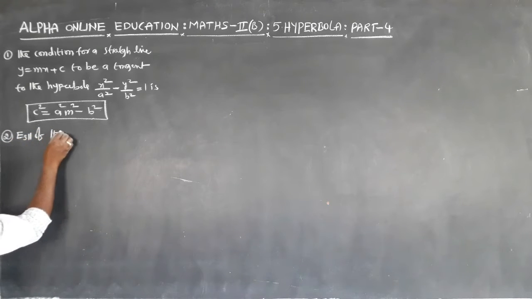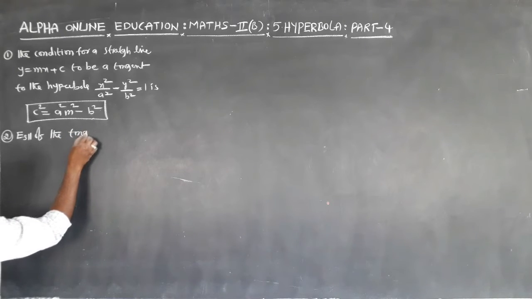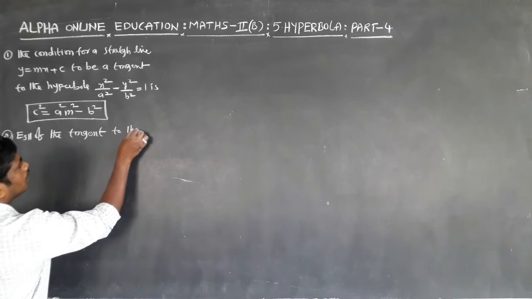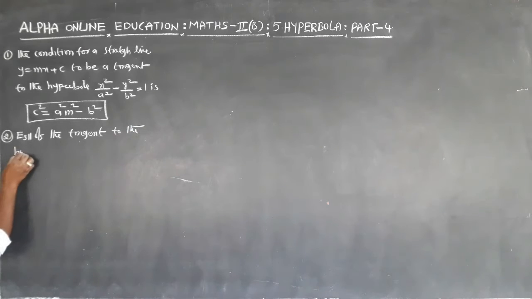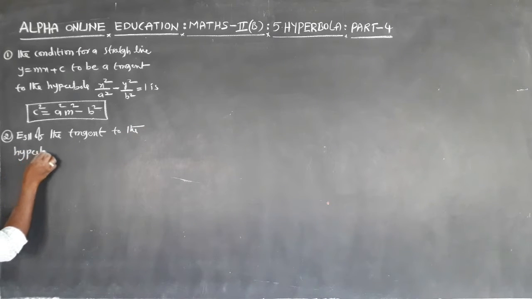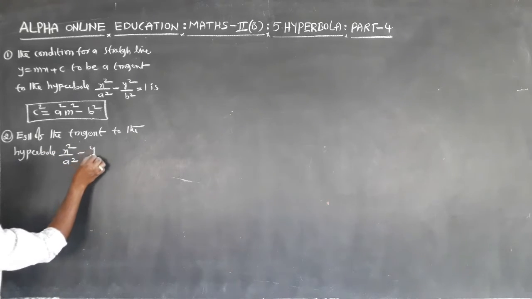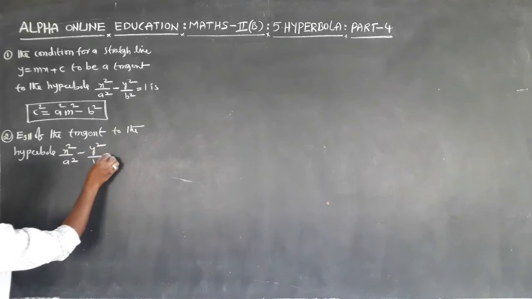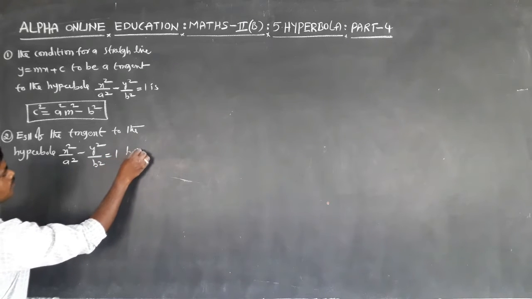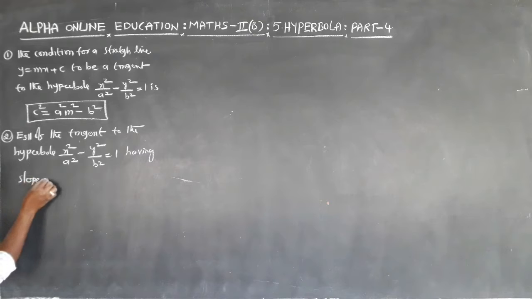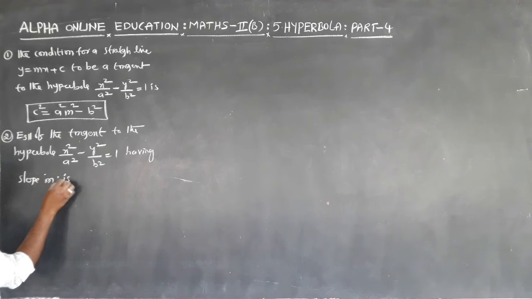equation of the tangent to the hyperbola x square by a square minus y square by b square equal to 1 having slope m.